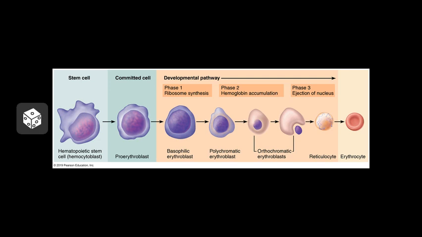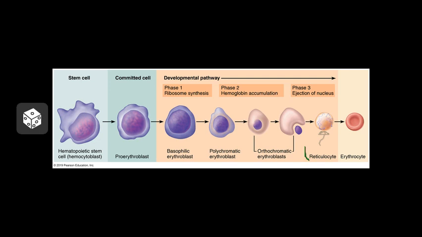So again, how do we develop red blood cells? As with all blood cells, we start with the hemocytoblast, and that will differentiate through all of these steps. What I want you to note is that starting in phase 3, the nucleus is ejected, and any remaining tissue that is left in the cell is going to be put together eventually in the form of hemoglobin.